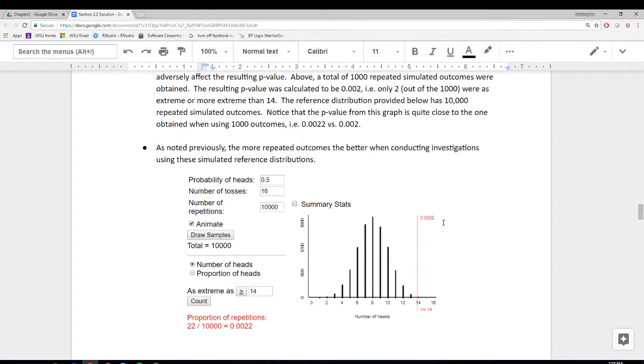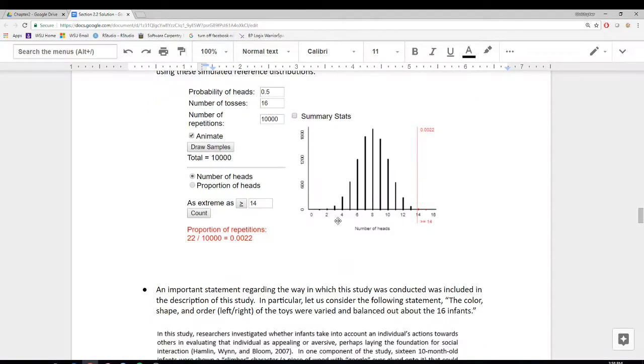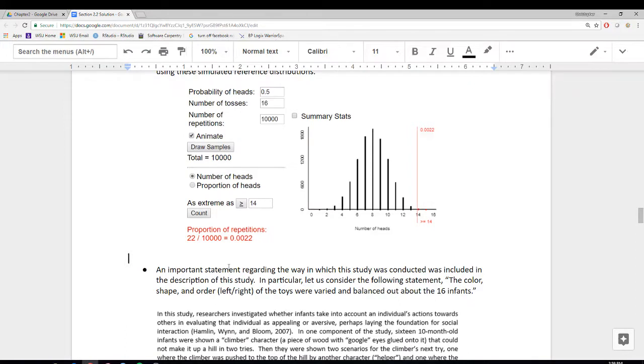That's what's shown here in the middle of page 6. When that was done, we can see that the probability value changes slightly. In the situation with 1,000, I had a p-value of 0.002. Here, when I use 10,000, the p-value changed just slightly to 0.0022.